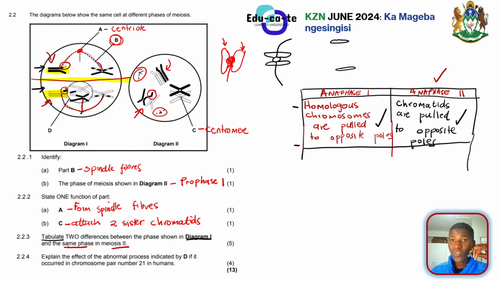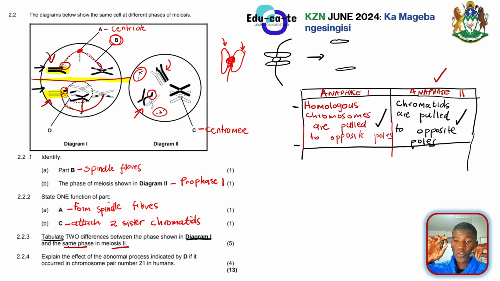But in the case of anaphase 2, remember, we are splitting, that's the keyword, we are splitting one chromosome, or we are separating one chromosome into its parts, into its chromatids, into sister chromatids, as I've already demonstrated here, to say that one chromosome is being split. So for that to happen, the centromere must split in anaphase 2.